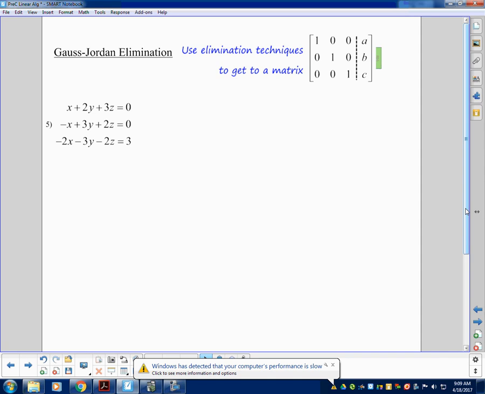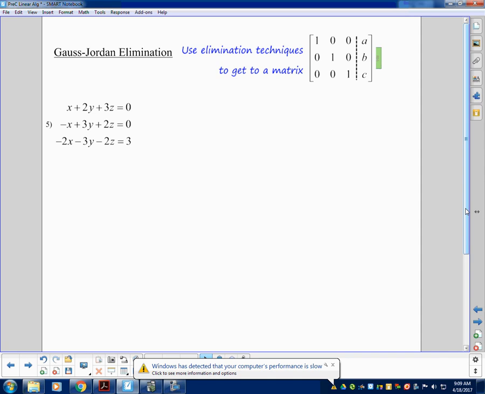Now, Gauss-Jordan elimination is simply, and I'm going to demonstrate this to you, but in terms of, it's more theory, I'm not asking you to memorize or do anything. I'm going to just show you what it looks like. It's a shorthand method for doing elimination is all it really is. Okay. And it takes a little bit of practice to do it.